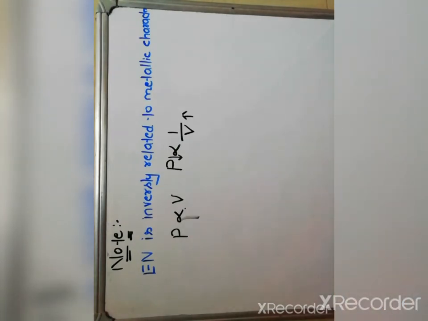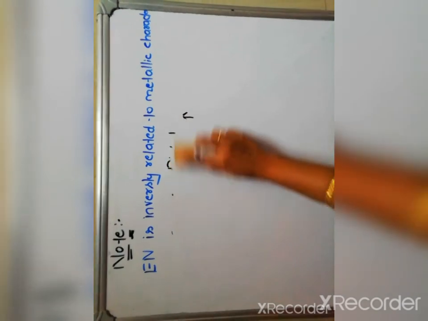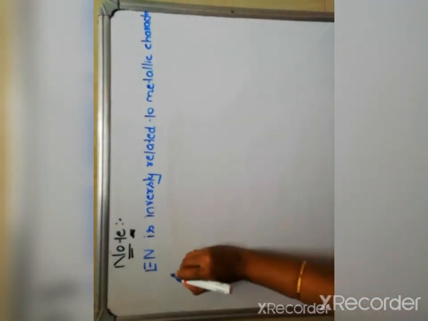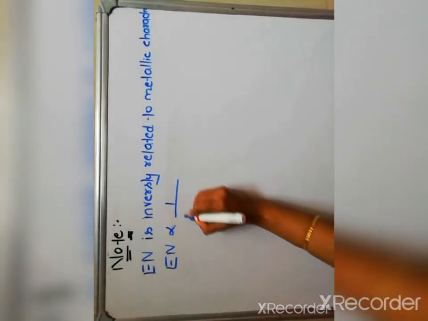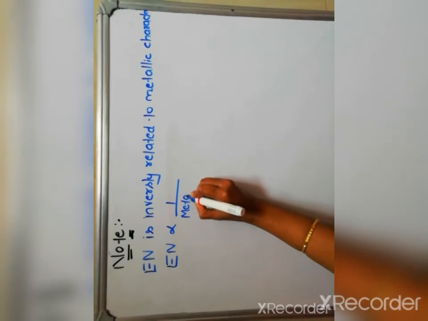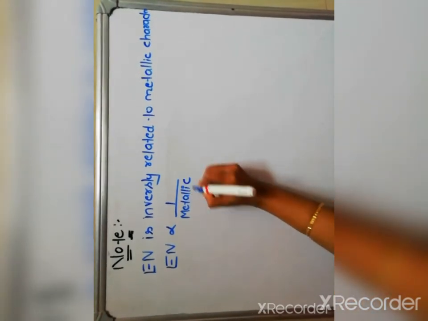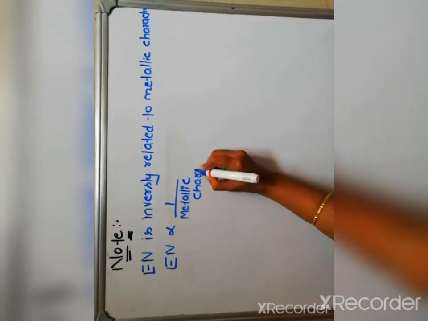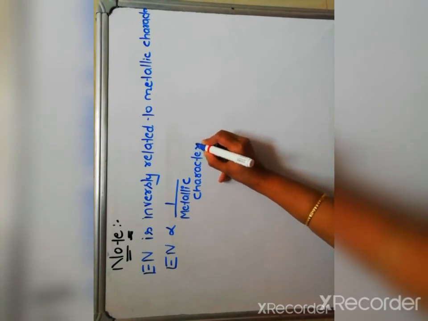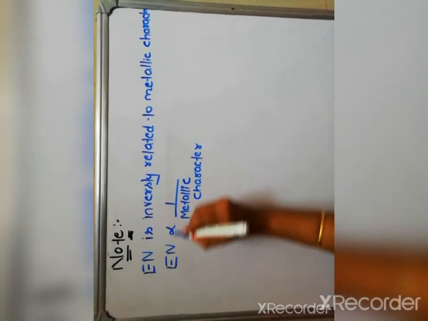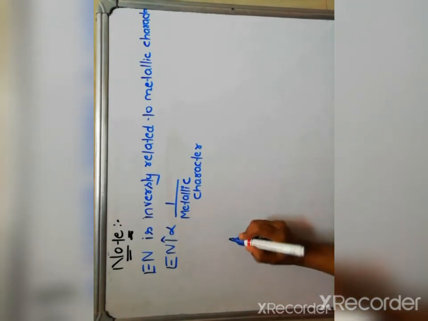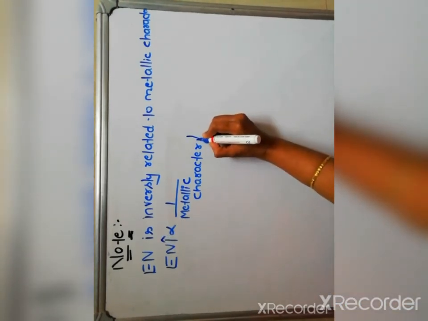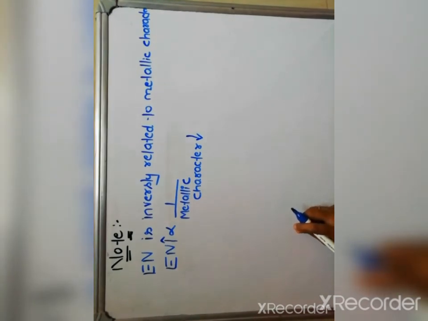Okay. So now we have explained electronegativity is inversely related to metallic character. I can write like this, electronegativity is inversely related to metallic character. That means if electronegativity increases, metallic character will decrease, right?